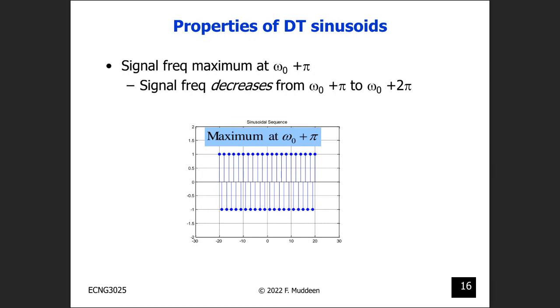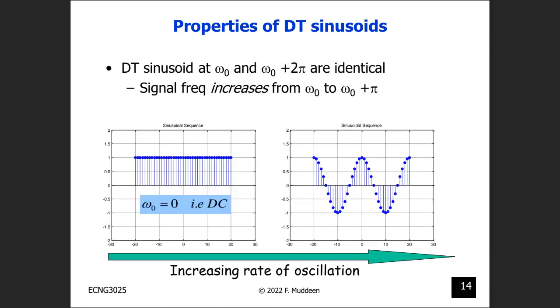Let me just backtrack a little bit. We started off at DC, then the values start to increase. And this is the point that I was trying to indicate to you all. What you have to do mentally is forget what this looks like.